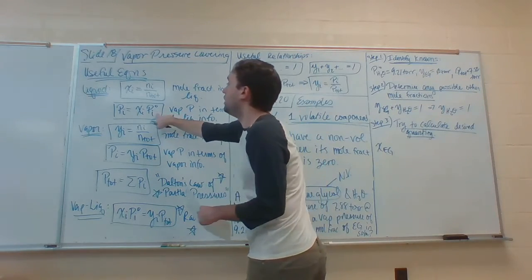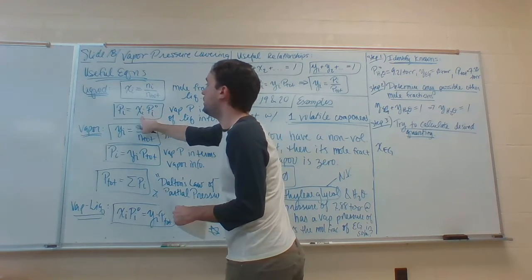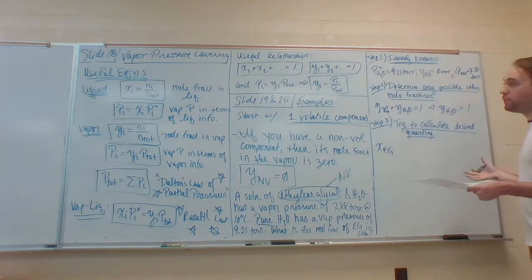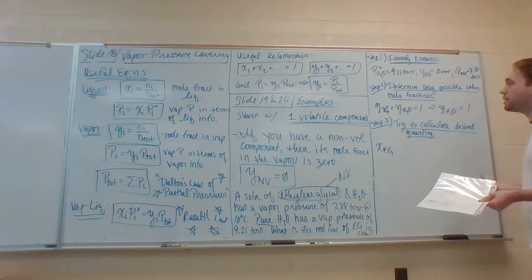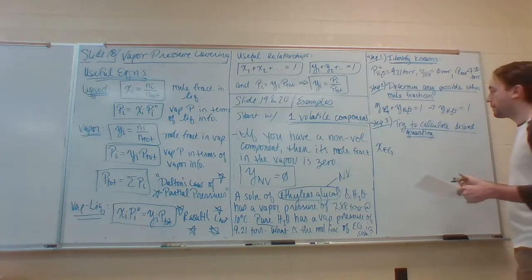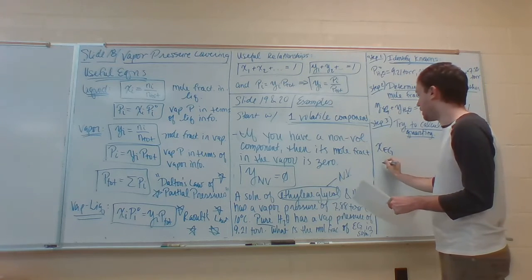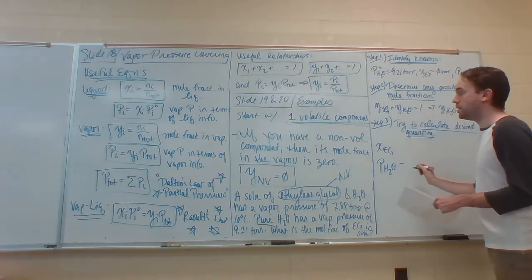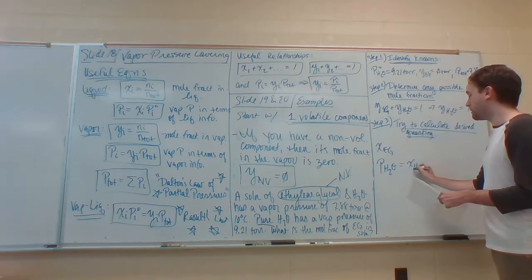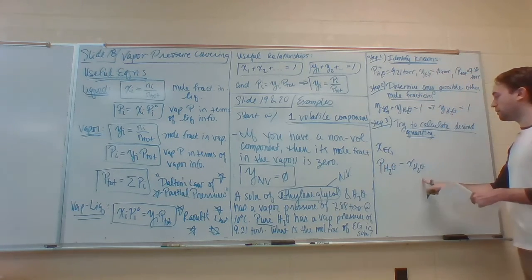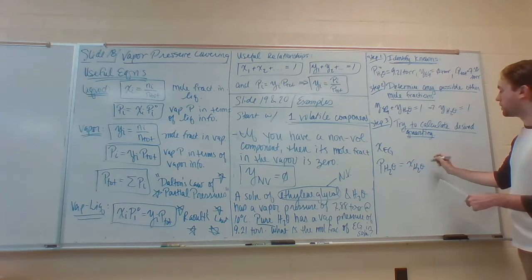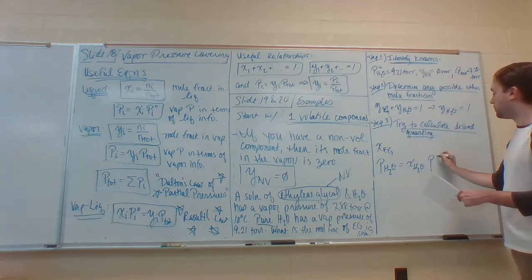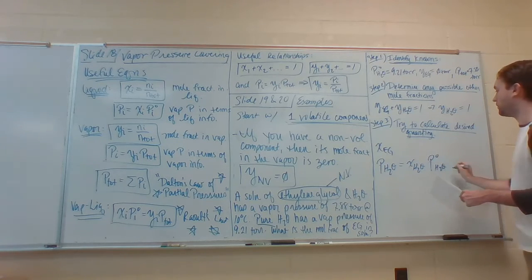So we know this, and we don't know that. Even though we're looking for ethylene glycol, let's solve for something that we can. So we're going to start by looking at our water. We've got the P of H2O. That's equal to our X, our mole fraction of the water in the liquid, times our pure component vapor pressure of the water.